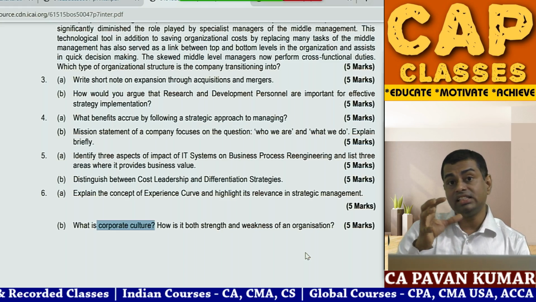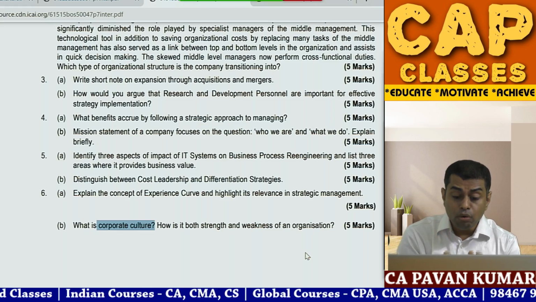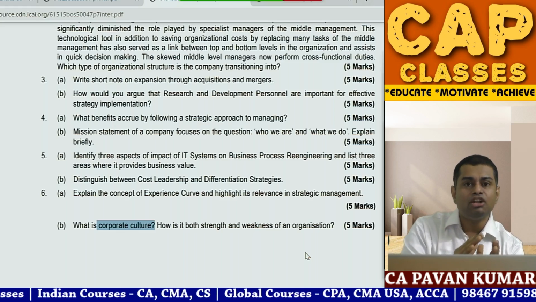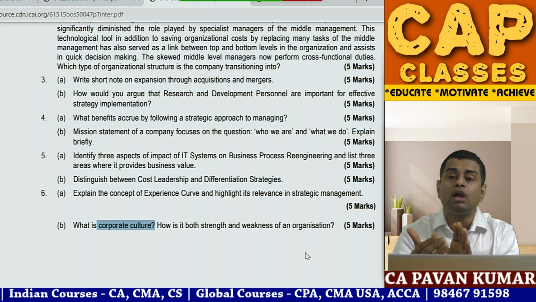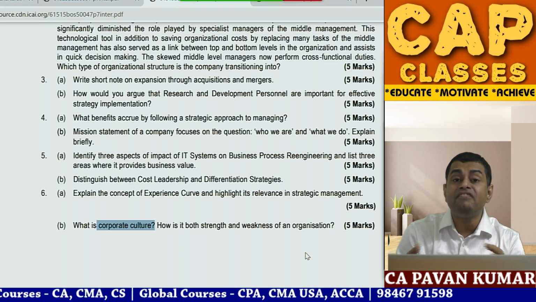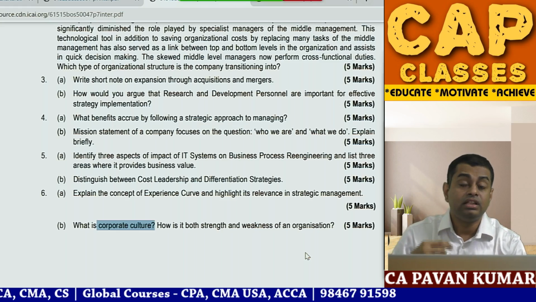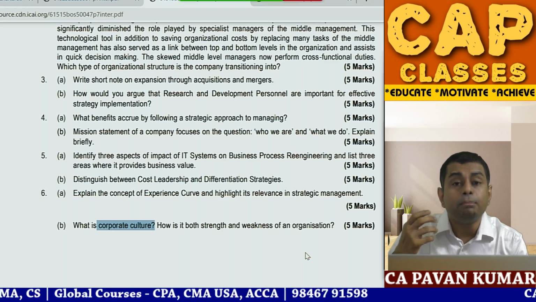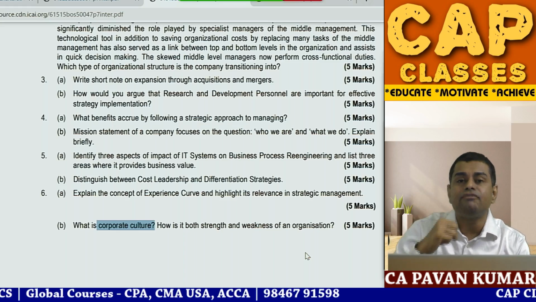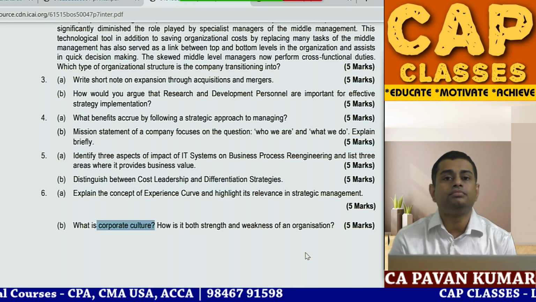How an organization behaves, how the work flows, how a person inside the organization behaves with a person outside the organization, how the people inside the organization behave with themselves, the value system of the promoters, the morals and ethics they follow, all these things put together will become corporate culture.